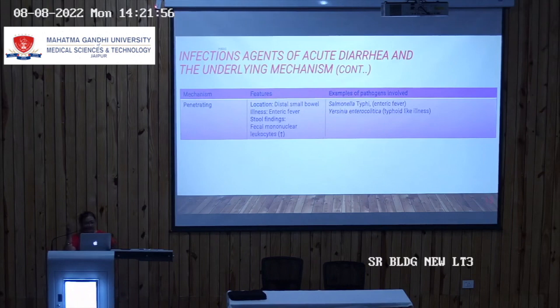What is enteric fever? You all know what is enteric fever? Typhoid. Typhoid is also called enteric fever because Salmonella causes typhoid, and the first infection which it causes before going into the blood, etc., is in the intestine. So this is Salmonella typhi and Yersinia enterocolitica. They cause typhoid-like illness.